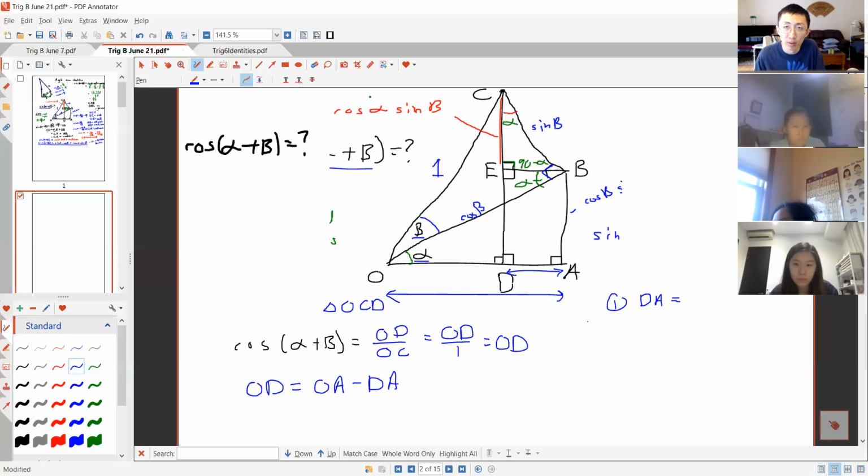Does it equal another length? EB. Yeah, so BEDA is a rectangle. So this is EB. And then can I write EB or BE in terms of alpha and beta?